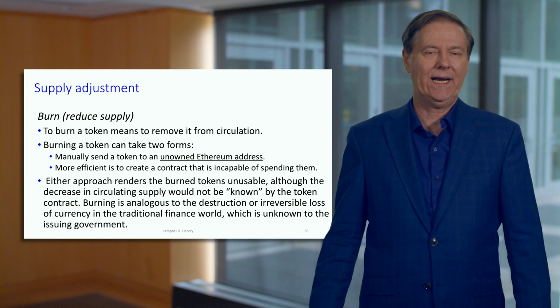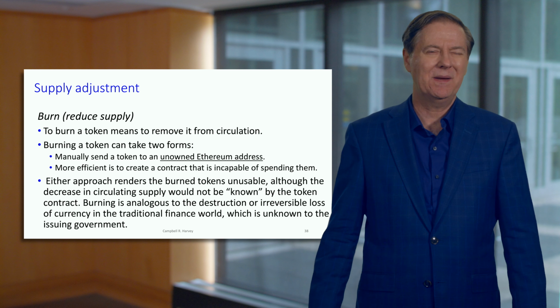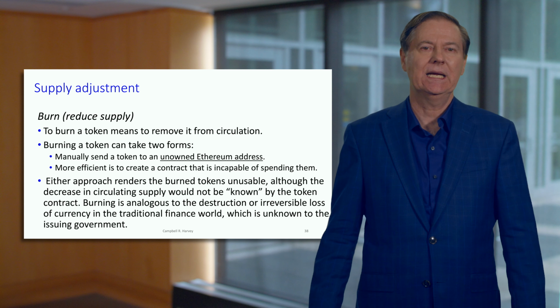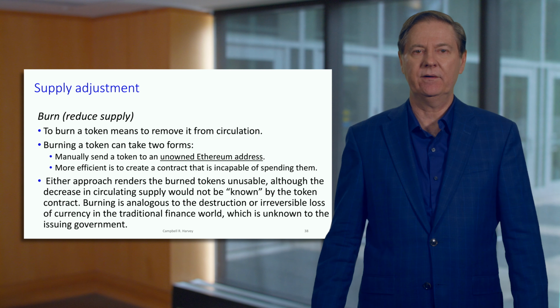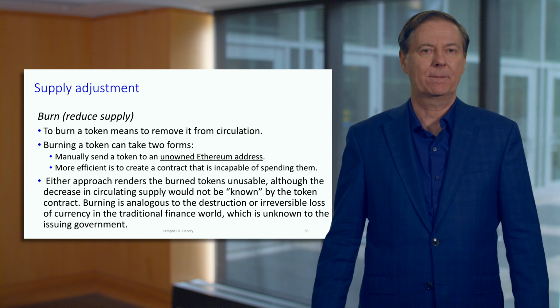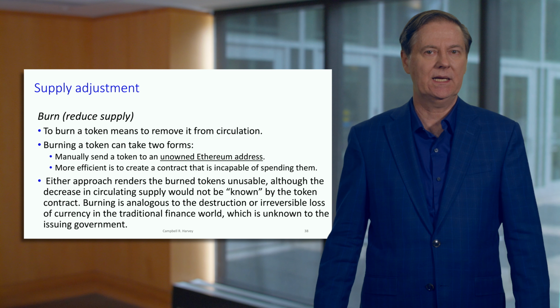And I say it's a better way because I mentioned the possibility in the future of potentially going the other way, from a public key to a private key. So the unowned address potentially in the future could become owned.